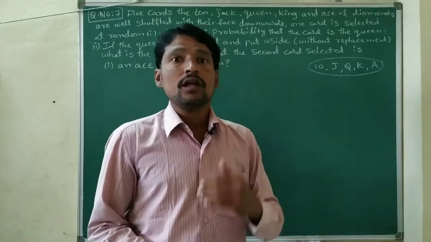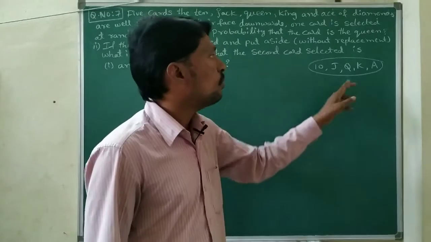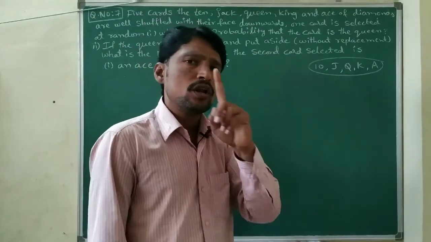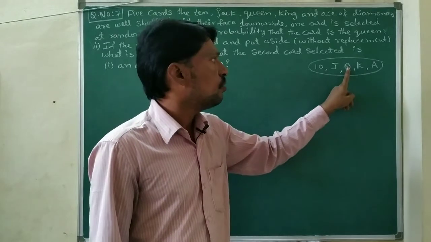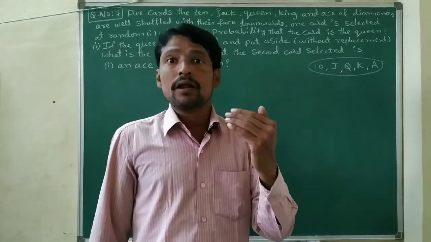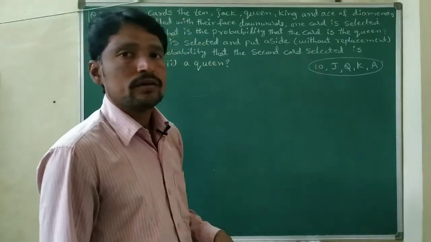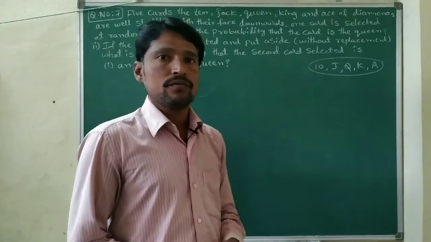What is the formula? Number of favorable outcomes by total number of outcomes. Favorable outcomes, how many? Only one favorable outcome, that is only one queen card. And total number of outcomes is 5. Means we are getting 1 by 5.